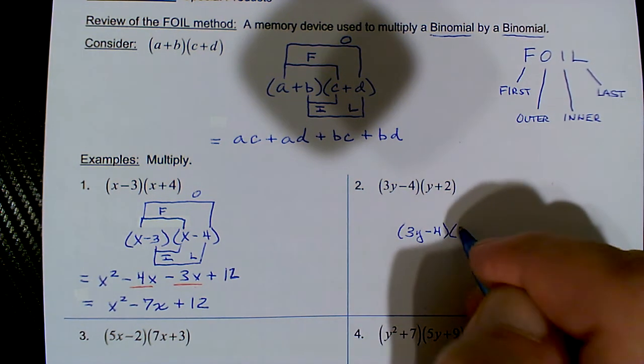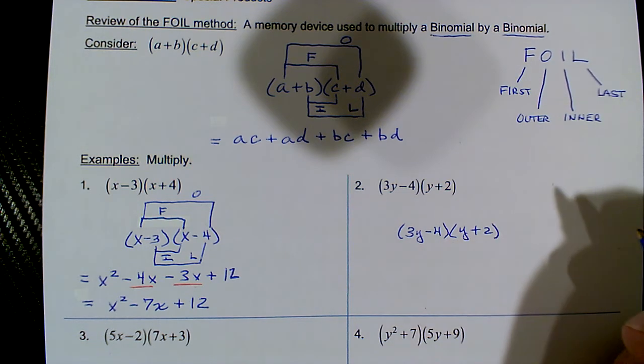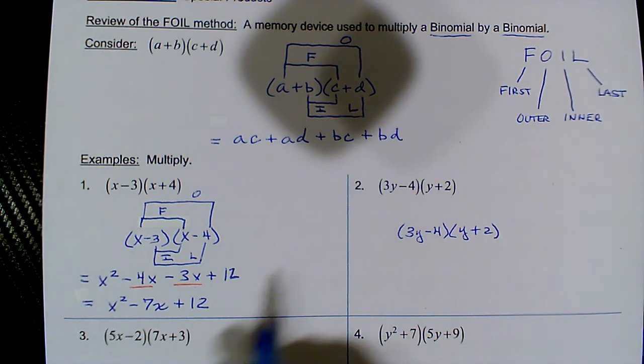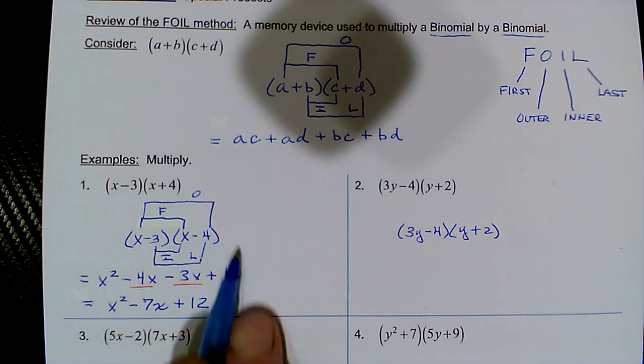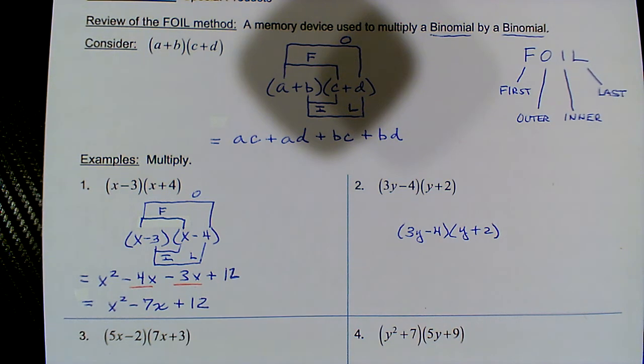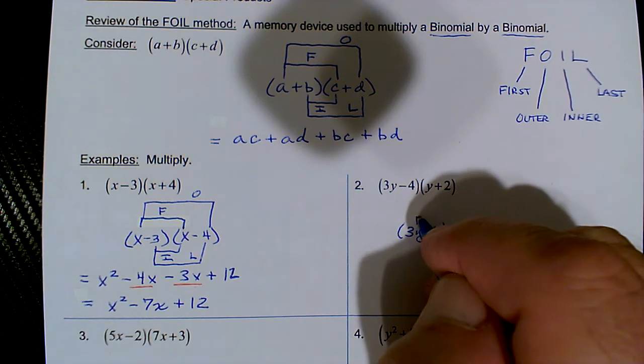And you have to become proficient at this because in the next unit, what we're actually going to do is we're going to start with something like this, what is referred to as a quadratic expression, and we're going to decide where did it come from. So we're going to reverse the process of multiplication, which is factorization. But now we just want to make sure we master the concept of FOIL.